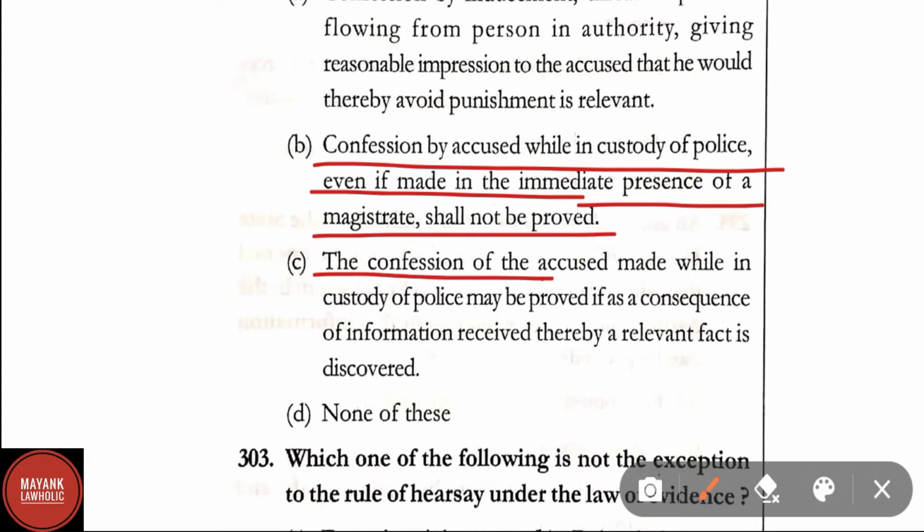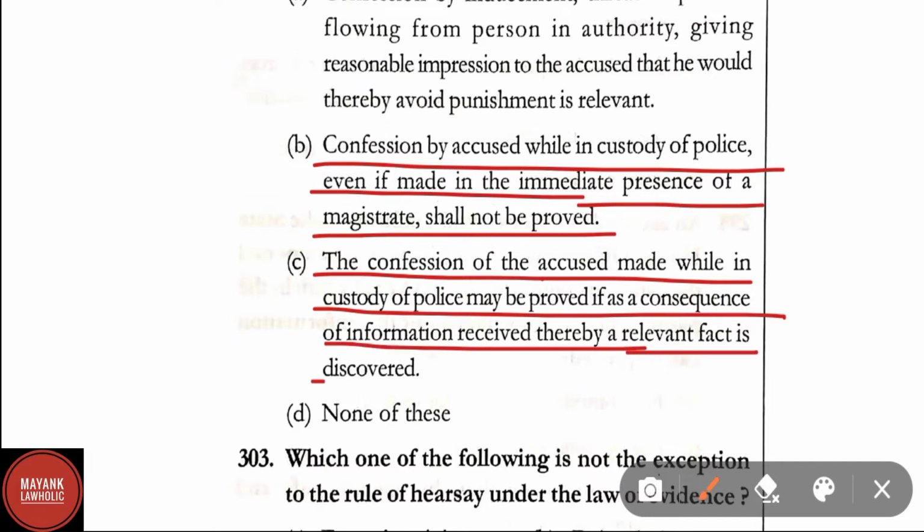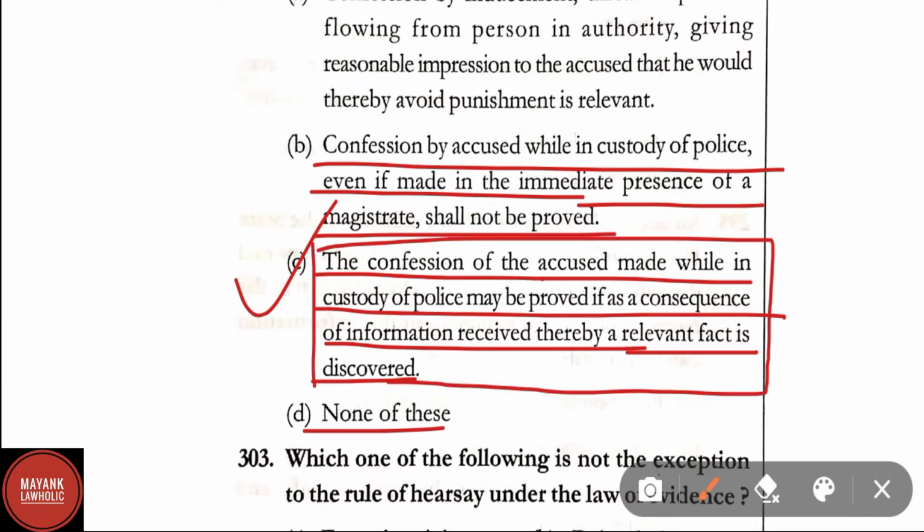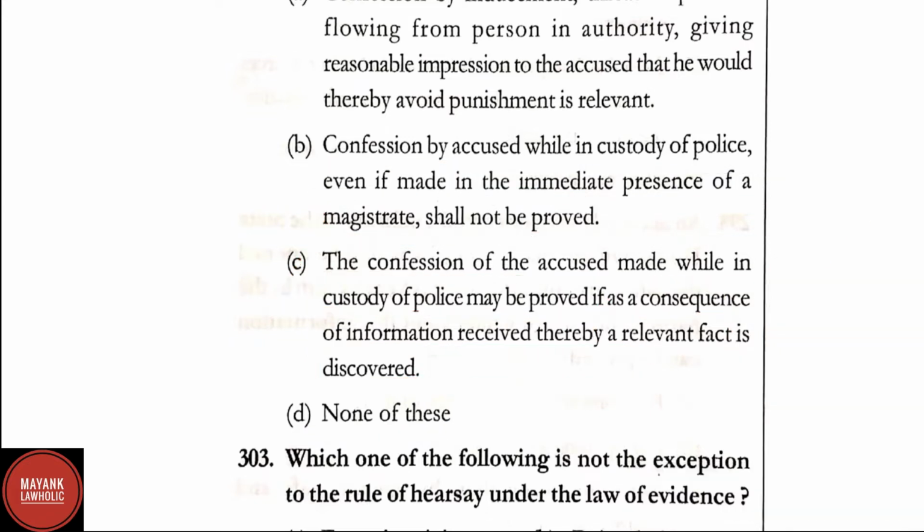Option C, the confession of the accused made while in custody of the police may be proved if as a consequence of information received thereby a relevant fact is discovered, and option D, none of the above. In question number 302, the correct answer is option C, that is the confession of the accused made while in custody of police may be proved if as a consequence of information received thereby a relevant fact is discovered.